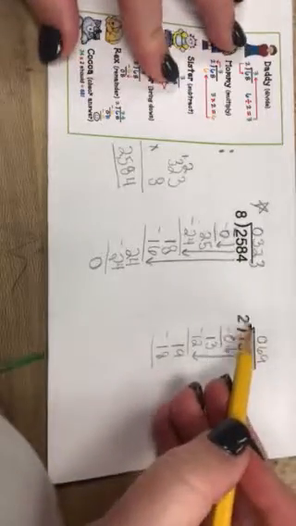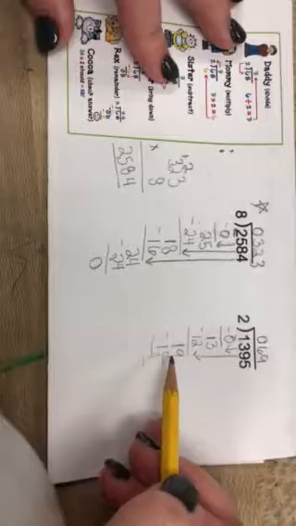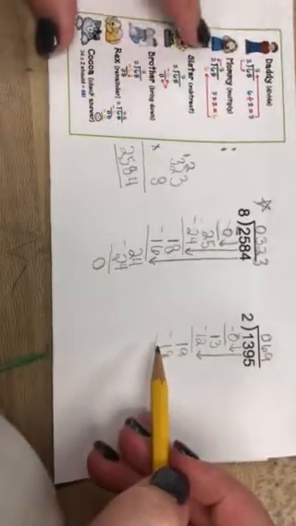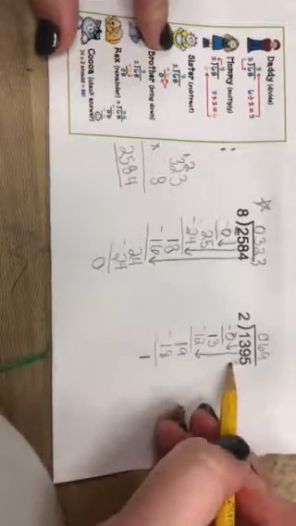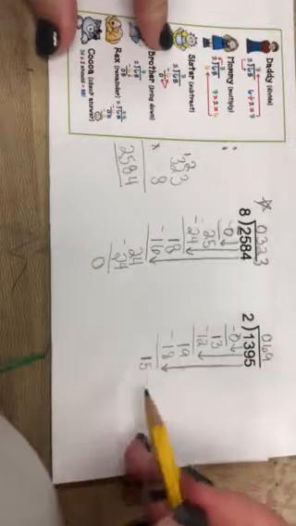So I know that I can put 9 items in 2 groups and use 18 of the 19 items. 2 times 9 is 18. Mom multiply, sister subtract, and brother bring down.